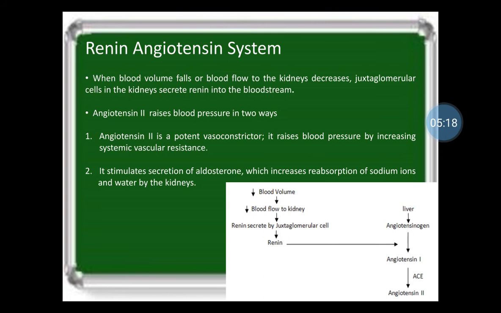Aldosterone is the hormone secreted by the adrenal gland, which is located on the apex of the kidney. The function of aldosterone is to increase the reabsorption of sodium and water, and that increases the blood pressure. This is how the renin-angiotensin system acts. So the main function is to increase the blood pressure.